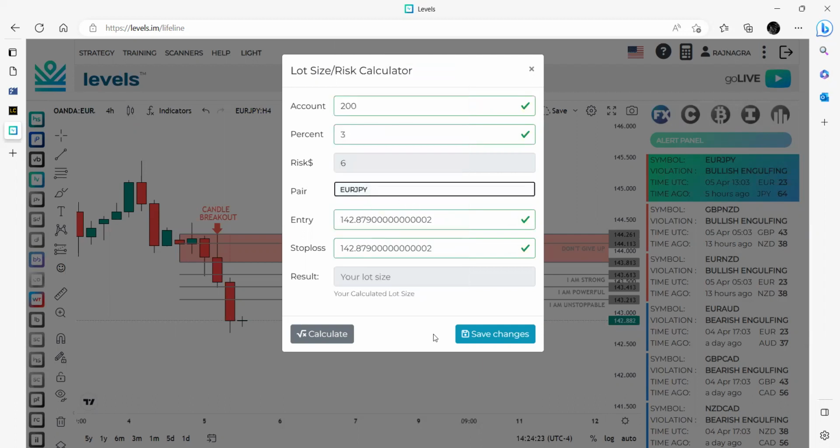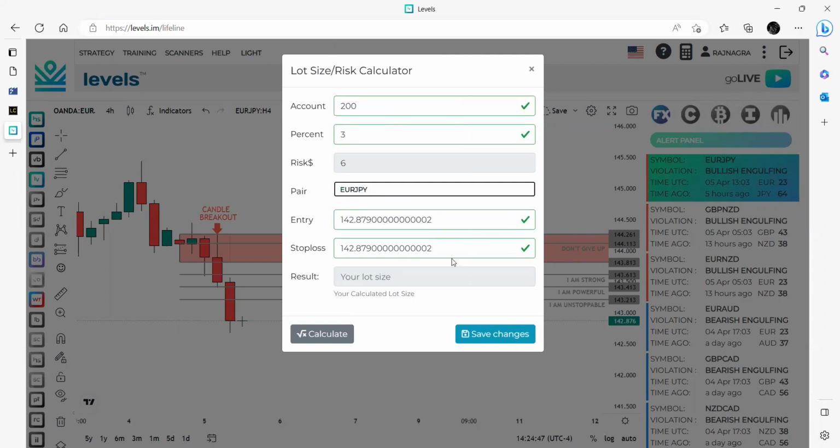You just fill out the information, then it's going to say entry. Now, your entry is this line here, just where my mouse is hovering, 143.813. That's going to be your entry. Okay, and then your stop loss is what we call don't give up. That is going to be your stop loss, 144.113.